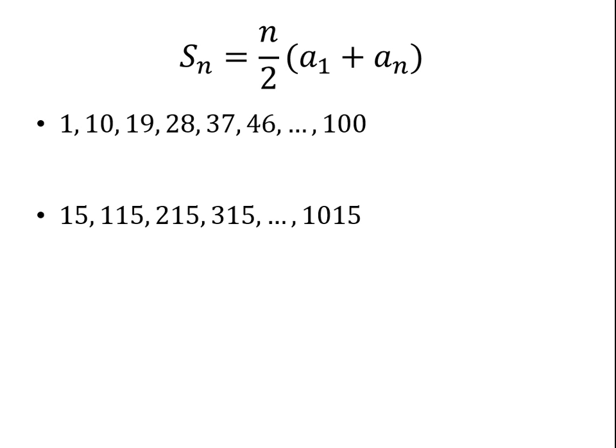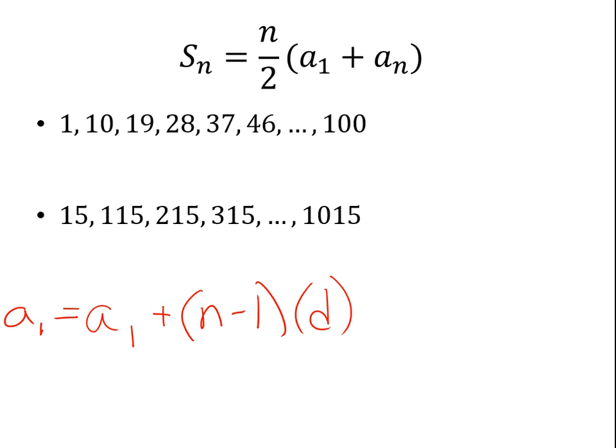All right, so now you have examples like these, where your difference is, in the first case, 9, and in your second one, your difference ends up being 100. So what you have to do with these is find what your n is to help you find what your sum is. So you'd have to find how many numbers in this sequence until we get up to 100. And that's where you can go back and use your a1 plus n minus 1 times d equals an.